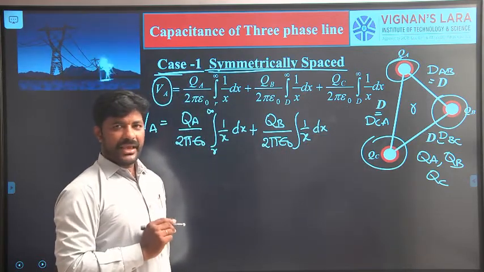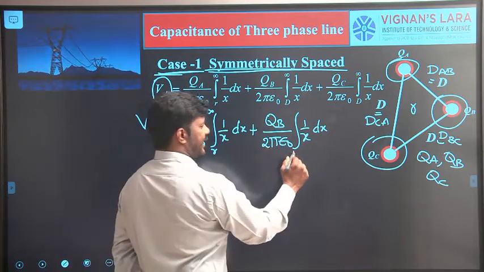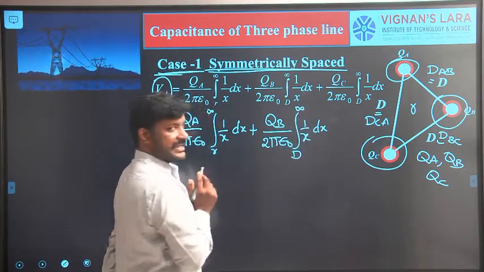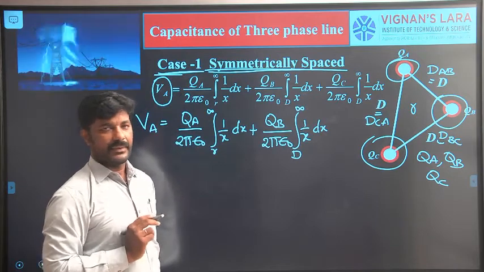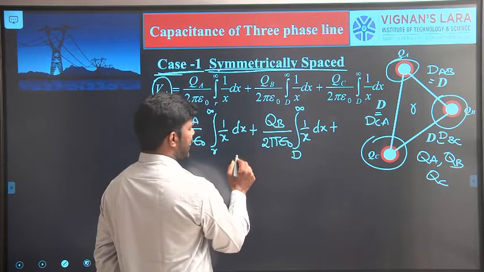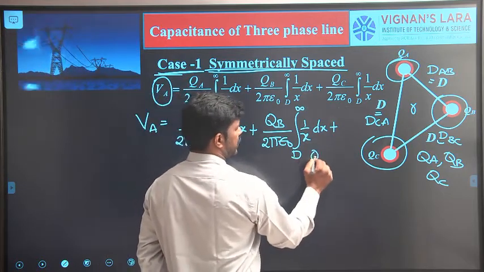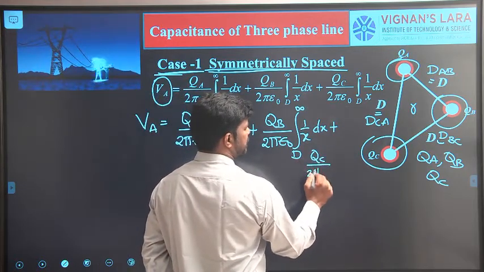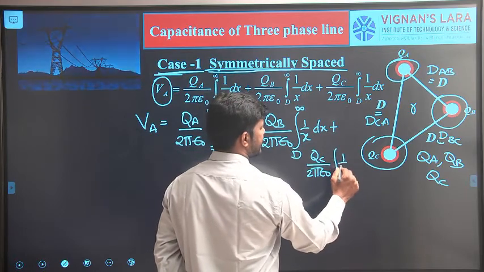What is DAB? DAB is equal to capital D, since they are symmetrically spaced. Plus the other charge, QC. Then I write QC by 2 pi epsilon naught integral 1 by x dx.